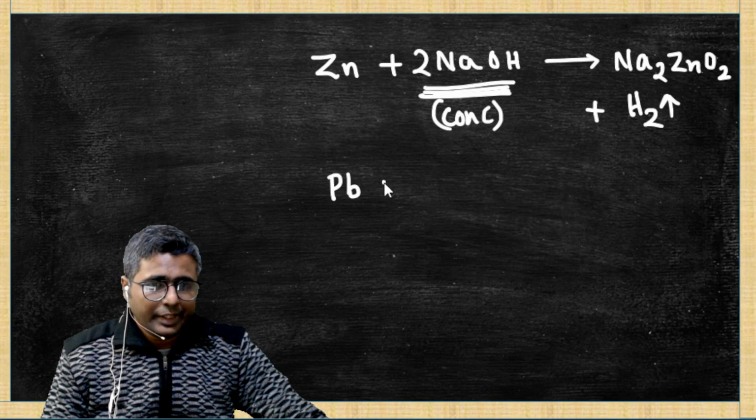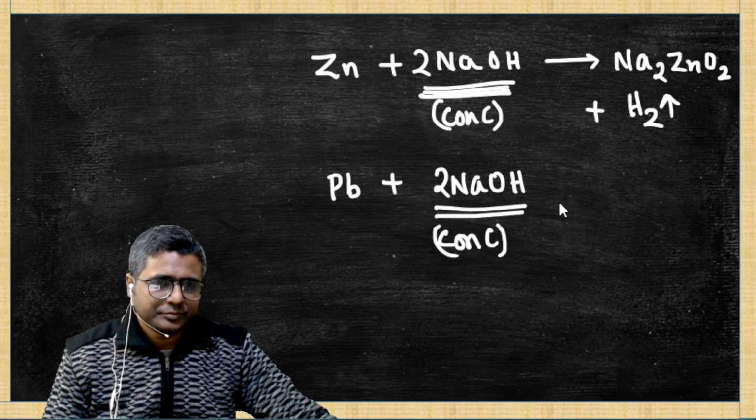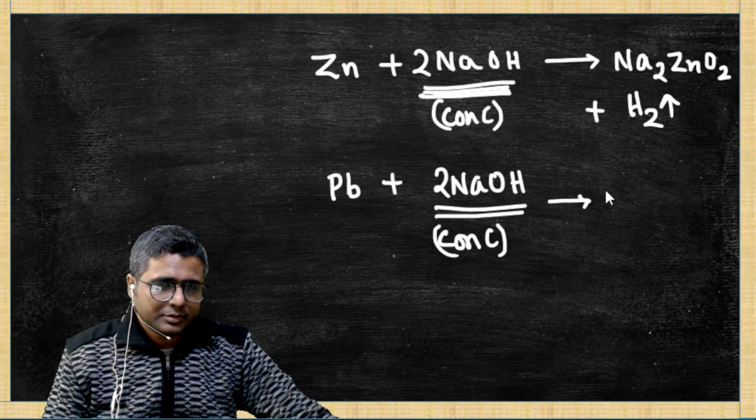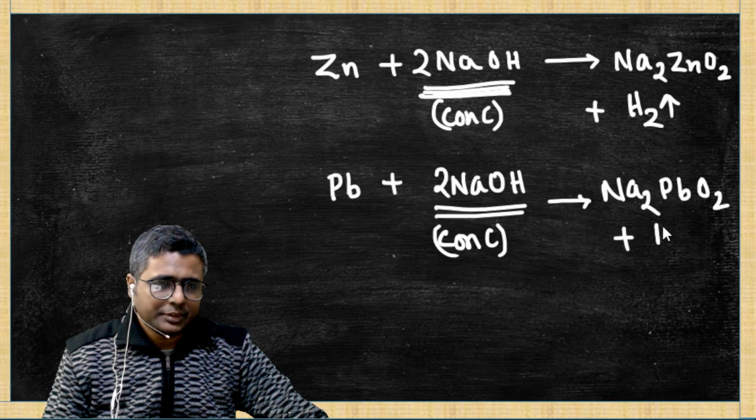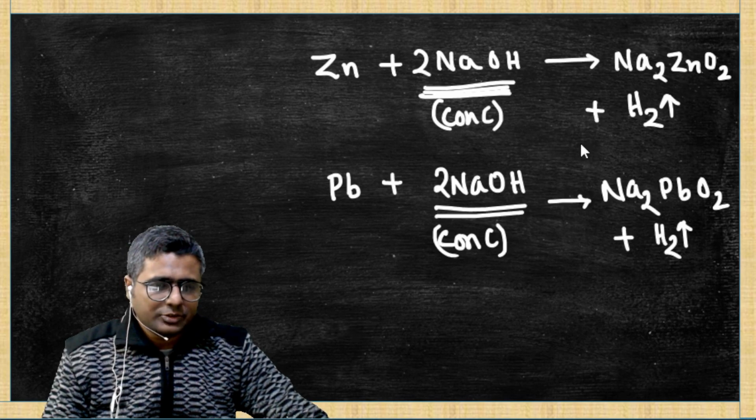Now let us go for lead. Again concentrated NaOH, Na2PbO2 plus hydrogen. Okay. So this is called sodium zincate.